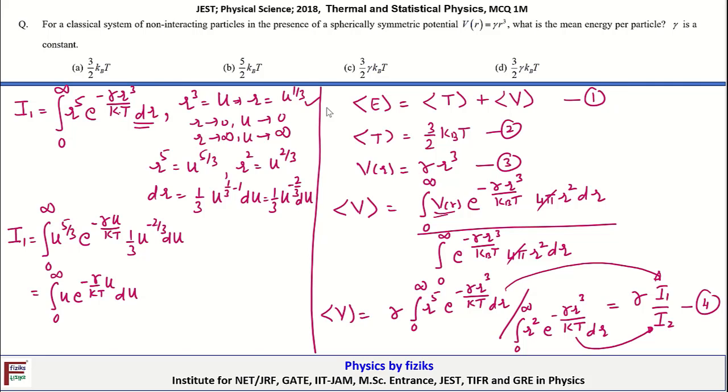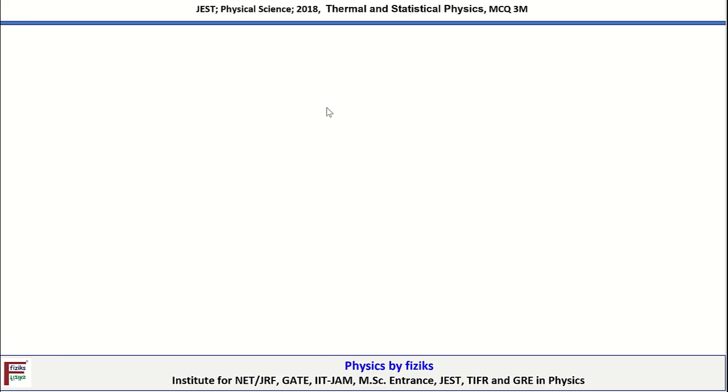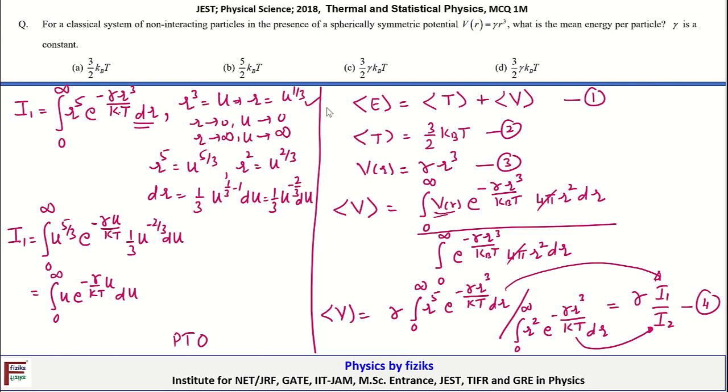So let's move to the next page. Okay, so I1 is further equal to, I'm taking the constant 1/3 outside. Let me check whether I've taken the factor of 1/3 along with or not.